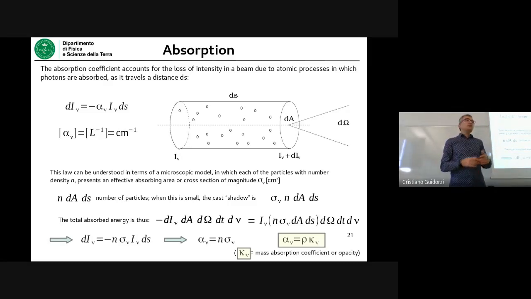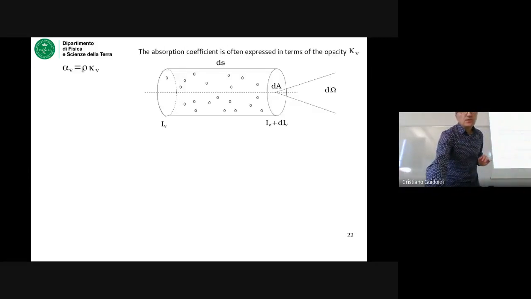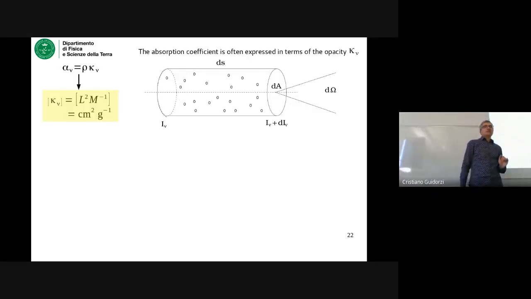And what is that? Well, this is just the absorption coefficient per unit mass, essentially. More precisely, if you work out the dimensional analysis of kappa, kappa is just an area over mass. So it's a cross-section per unit mass, sorry. It's not an absorption coefficient per unit mass, it's a cross-section per unit mass. It's an area per unit mass.